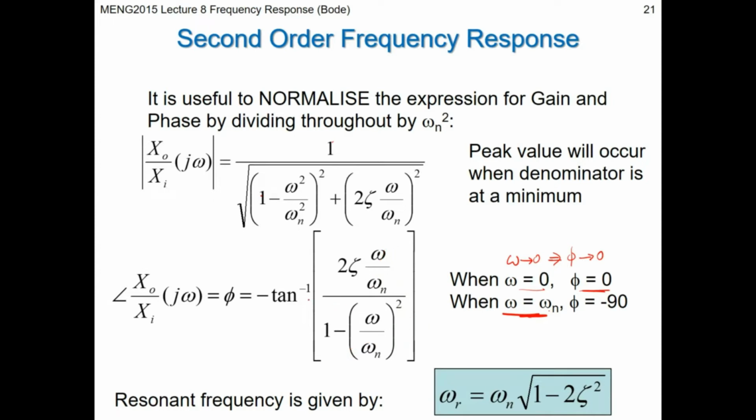So we've got tan to the minus 1 of infinity again, which gives us our minus 90 degrees. And then as omega goes to infinity, this will go to infinity. This will go to a very large number as well. And basically, you're going to max out at phi equals minus 180 degrees.